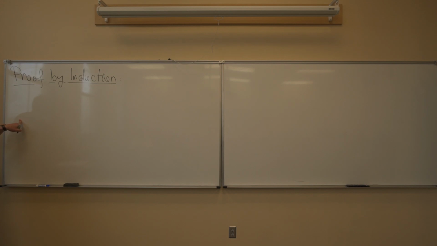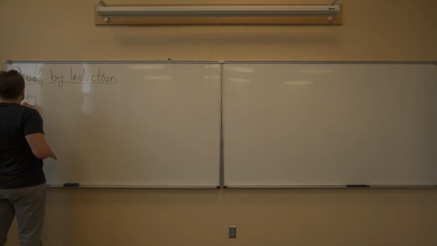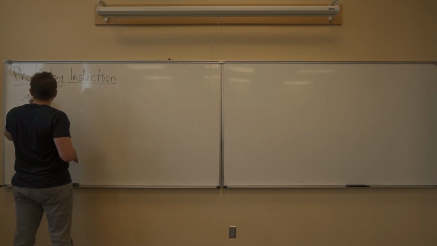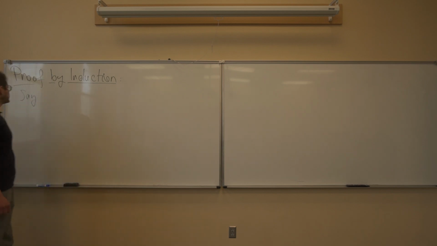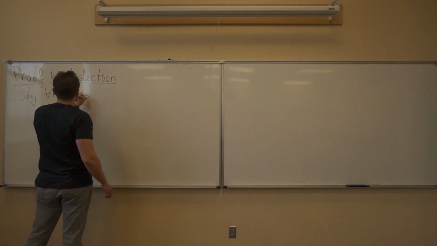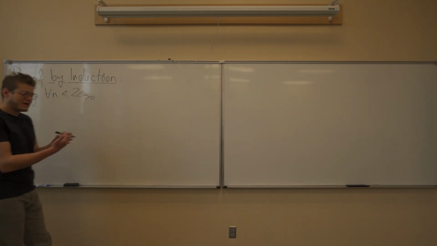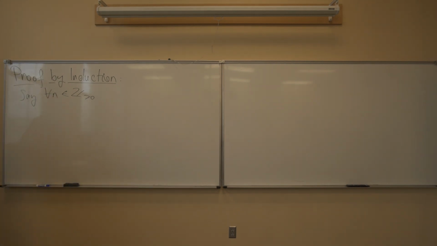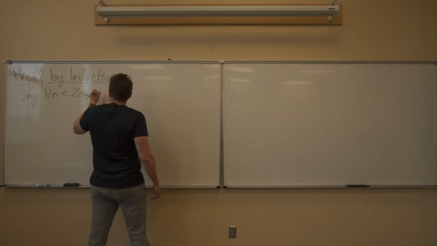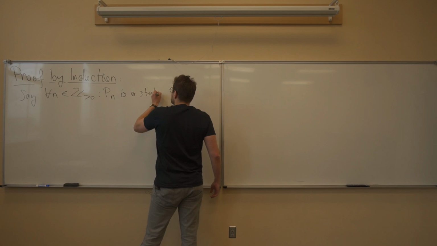Let's say that you have infinitely many statements that are indexed by integers or some subset of integers. For each n, let's write it like this, starting at 1. Where you start doesn't really matter, but what matters is that it's one-sided. It doesn't go to negative infinity, for instance. P sub n is a statement.